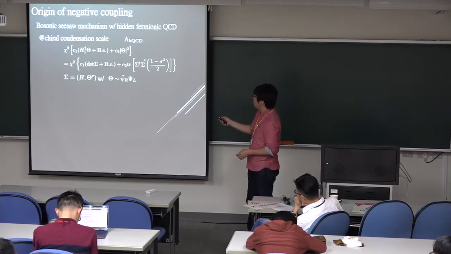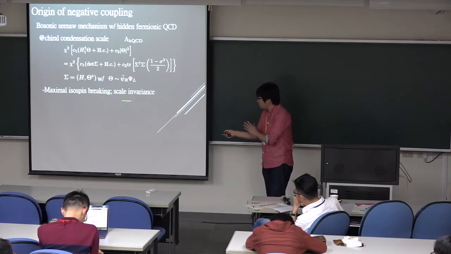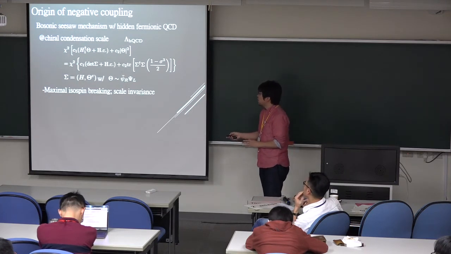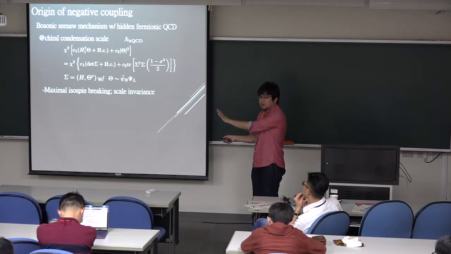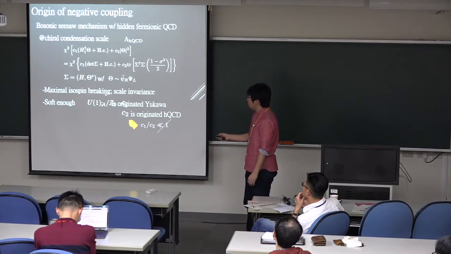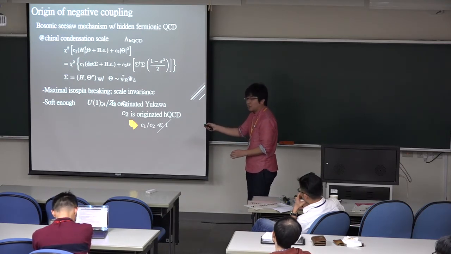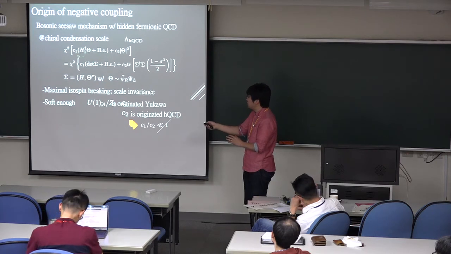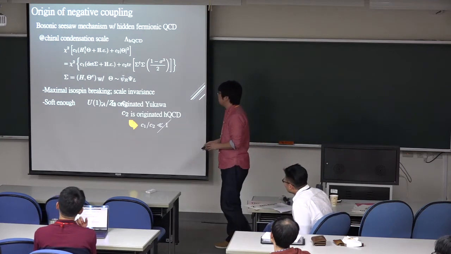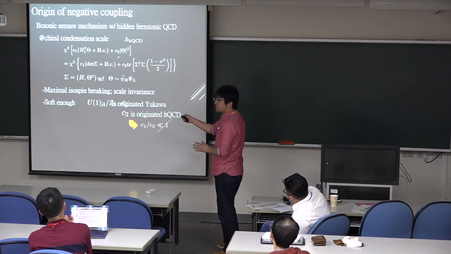Here, you can imagine that the maximal Z2 breaking can be realized by the scale invariance, since we originally do not have the C0 term. And soft enough U1 or Z2 breaking can be realized by the Yukawa coupling between the hypercolor fermion and the elemental Higgs, which is nothing but this C1. Let me explain the meaning of soft enough. It is just a comparison between C1 and C2.